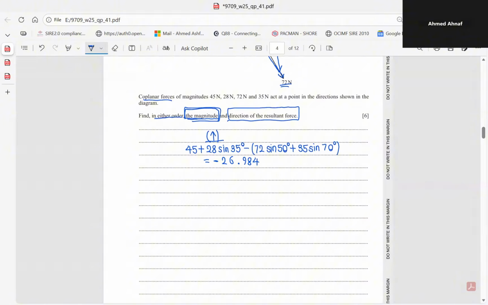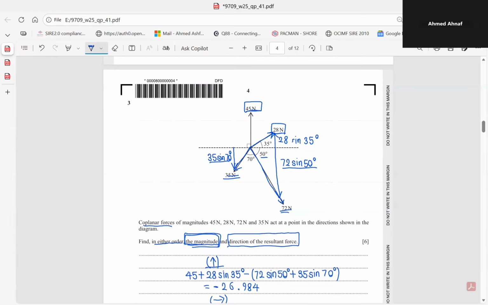So this is our vertical resultant force. Now let's do for horizontal. For horizontal, we can completely ignore the 45. We're just going to focus on the other three, 28, 35, and 72.